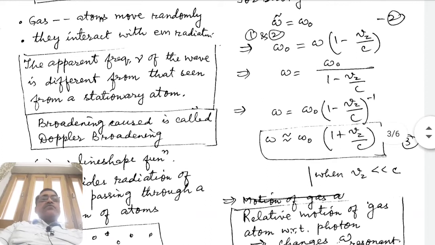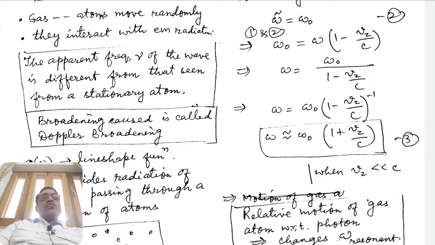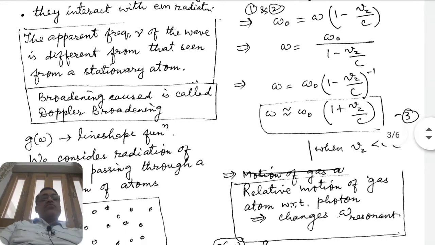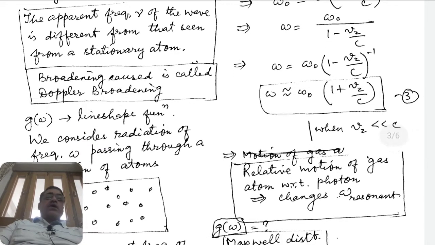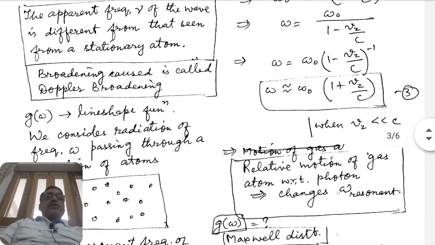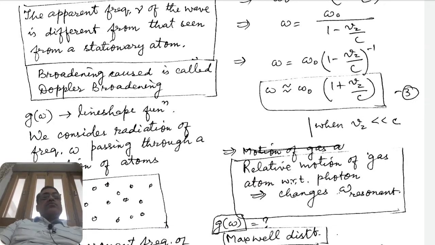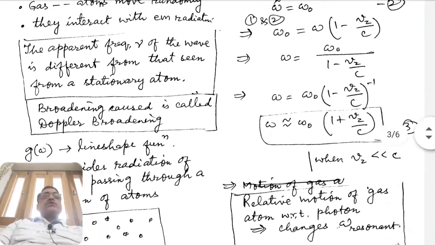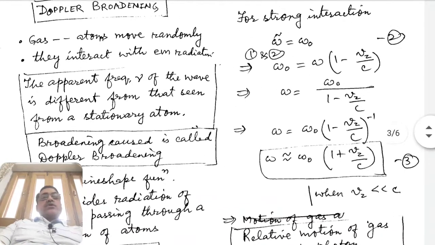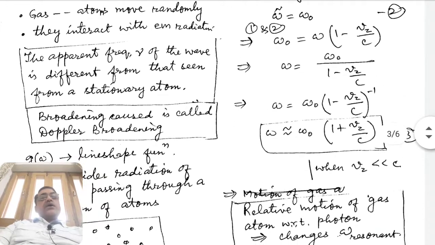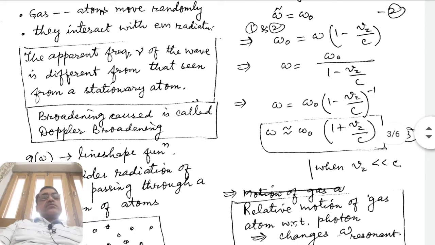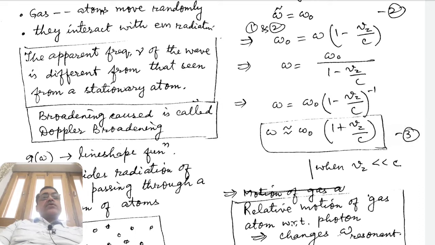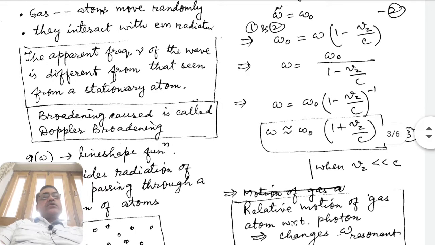The apparent frequency nu of the wave is different from that seen from a stationary atom. This causes the Doppler broadening, because here the frequency noticed by an observer sitting on the atom is not what actually there is.